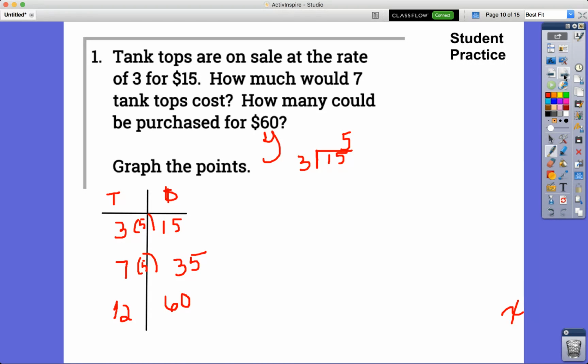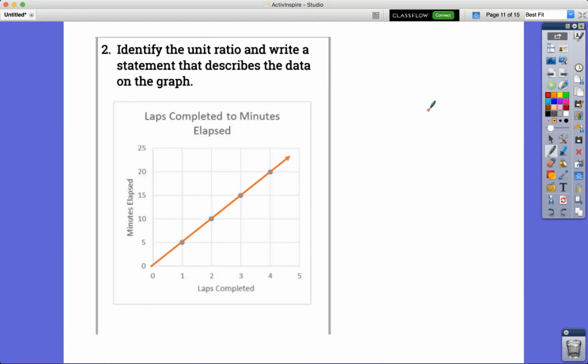Okay, moving on to the next item in student practice. Again, I have another graph, and I'm comparing laps completed to minutes elapsed, or the time it took you to run. Again, label, this is X, this is Y, this is independent variable, this is dependent variable.